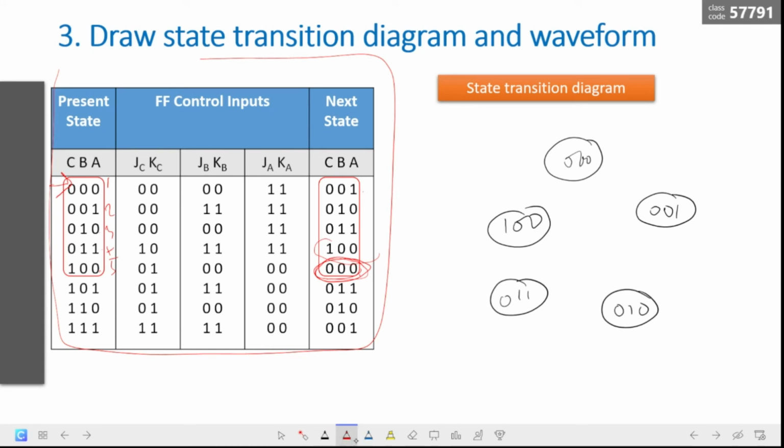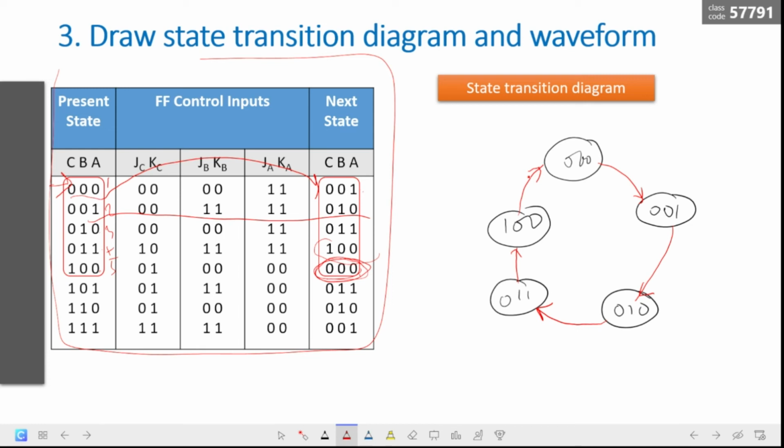In this case, 000 goes to 001, and 001 goes to 010, and 010 goes to 011, and 011 goes to 100. And finally, after 100, it goes back to 000. So we have finished the whole cycle.